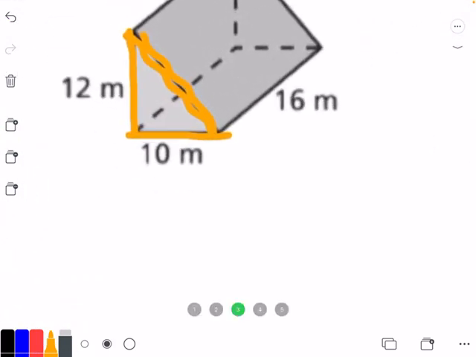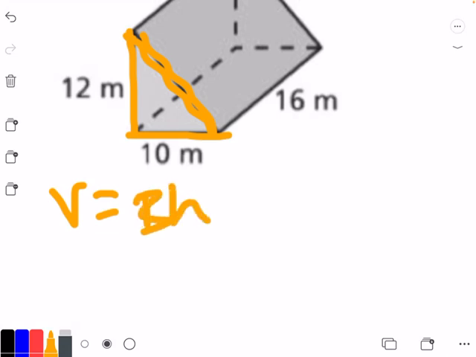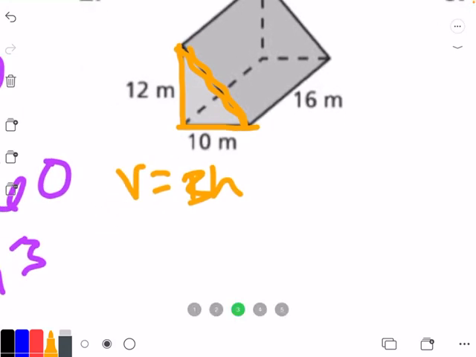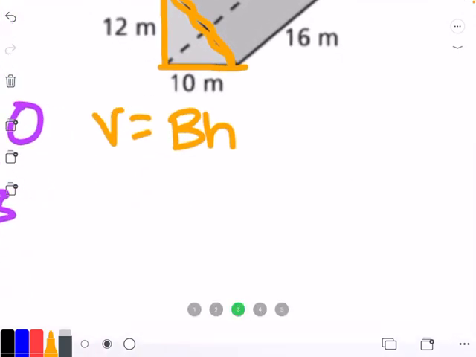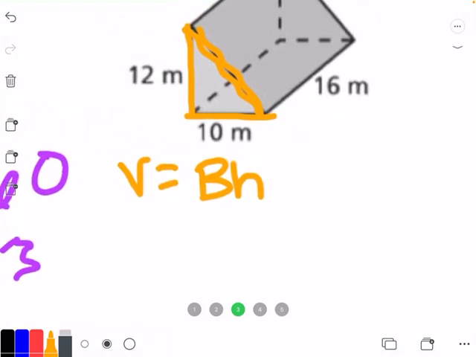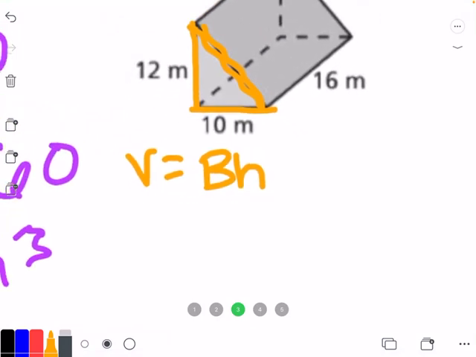And I'm going to write down my formula for volume. Volume equals base times height. And for the area of a triangle, which is our capital B, I'm going to put area equals, let's go back to our formula sheet.